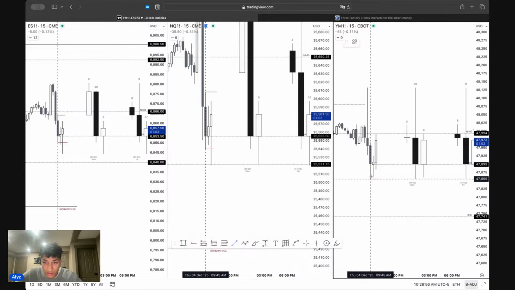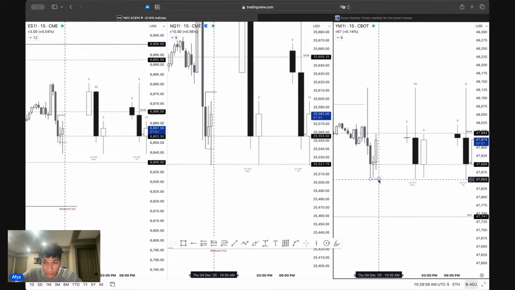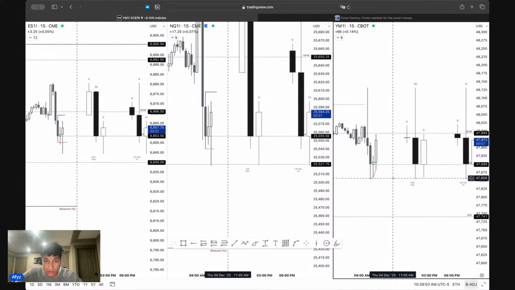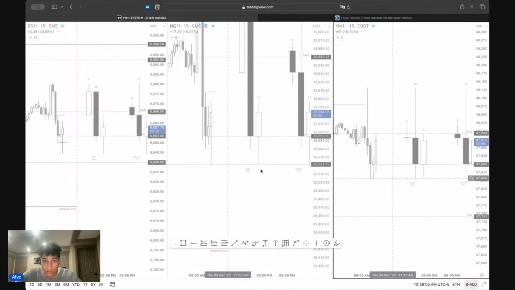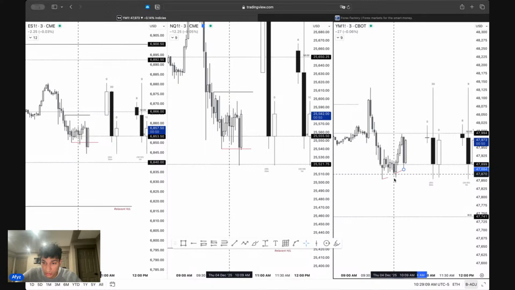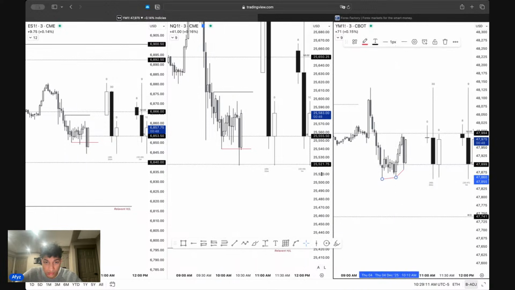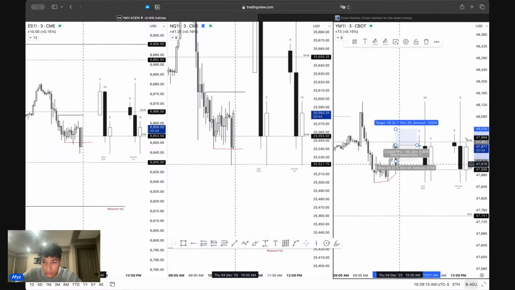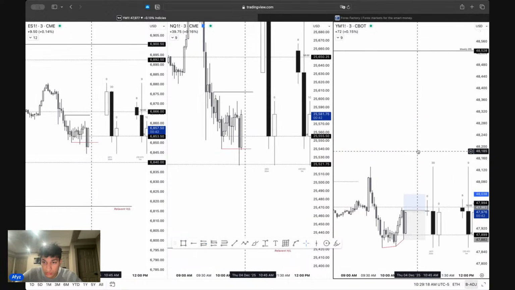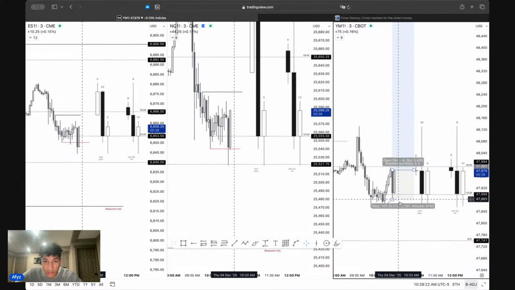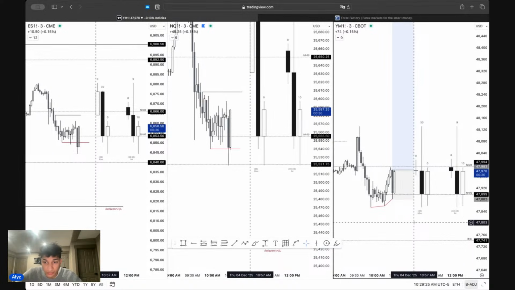Right, look at this. We have SMT forming here, and we have SMT forming here. Now I'm seeing a strength switch with these assets start to reverse. I might take this on the YM on this closure.